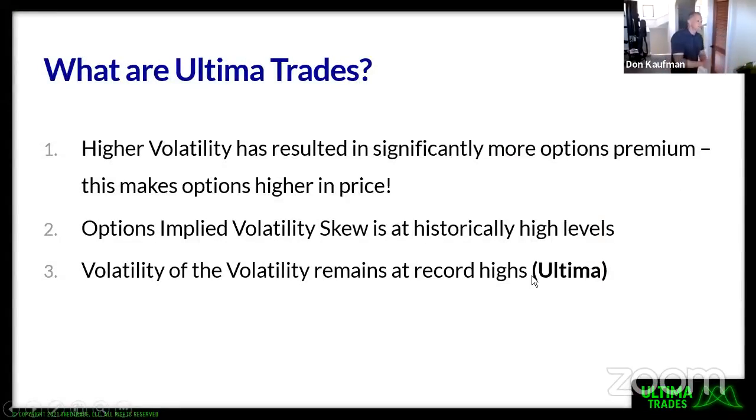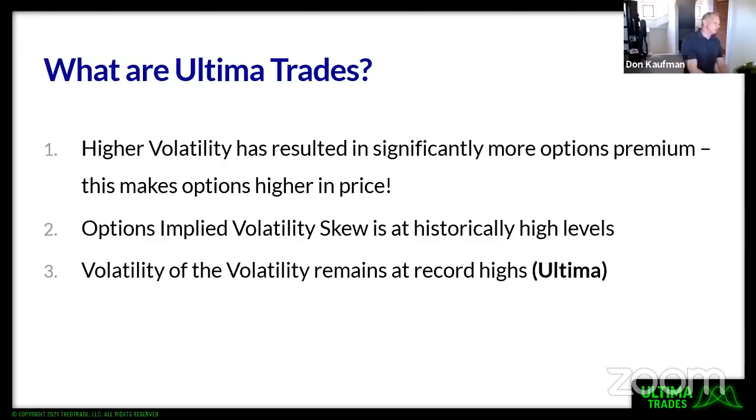The other aspect, what are ultimate trades? Again, higher volatility, skew is massive, and the volatility of the volatility remains at record highs. So when people hear the term, I go, ultimate trades, we're going to talk about ultimate trades. They go, oh yeah, ultimate trade. It's not ultimate, it's Ultima. And yes, Ultima means something. It is a third order of the Greeks.